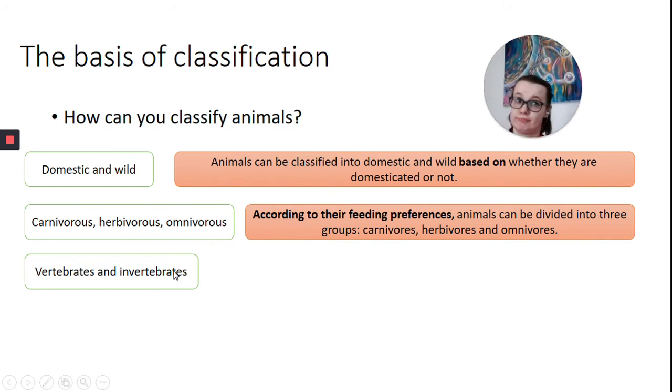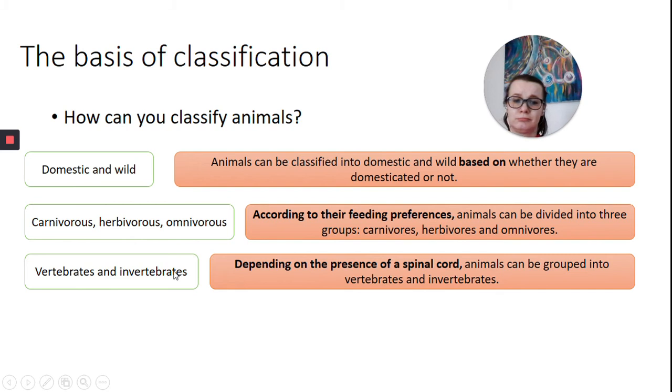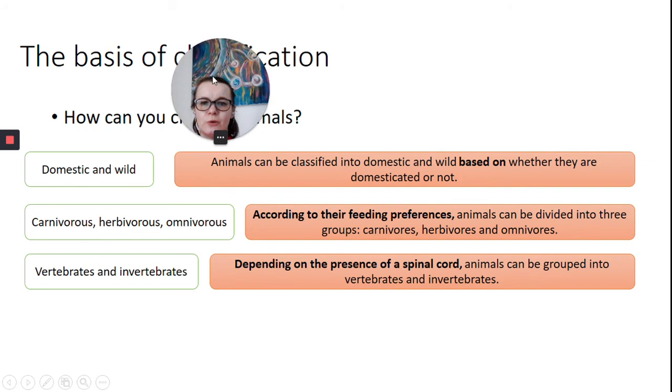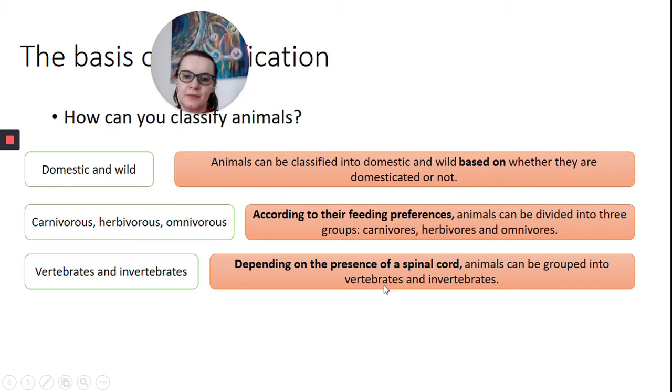Depending on the presence of a spinal cord, if they have a spinal cord or not. Some of them do, some of them don't. So depending on that, they are divided into these groups. So you see, there are many ways we can divide the same kind of thing into groups. But what is different is the basis, based on which features, right?